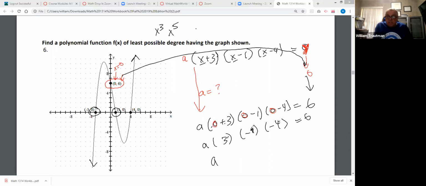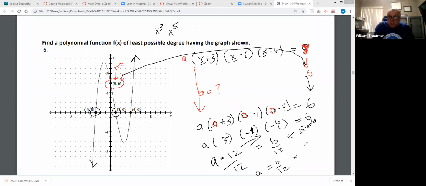When I put that in my calculator, I get a positive 12. a times 12 equals 6. Take the 12 to the other side. It's multiplying, so we divide by 12. And a equals 6 over 12, reduced to 1/2. So a equals 1/2.